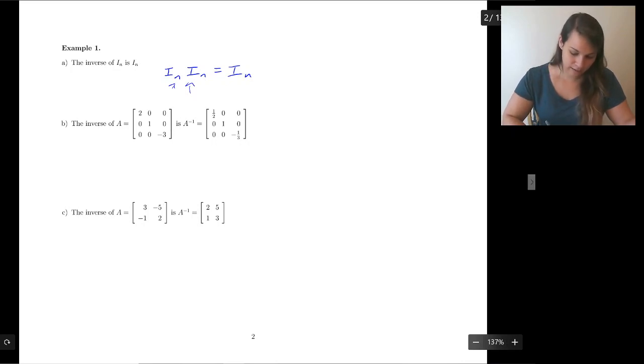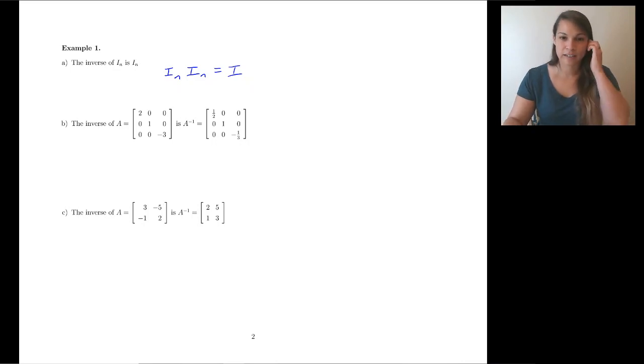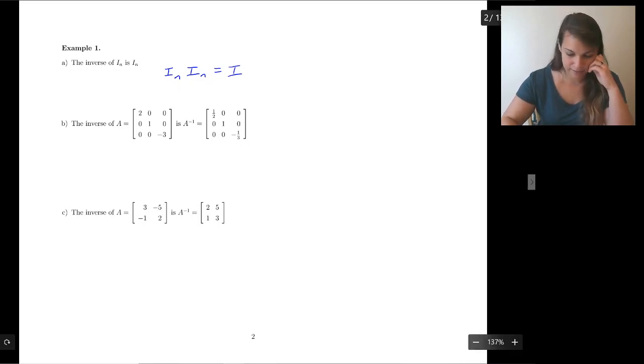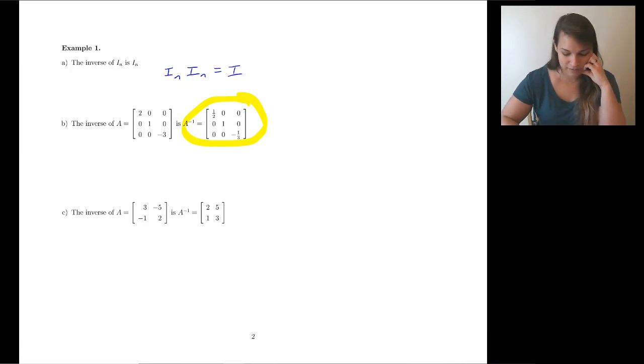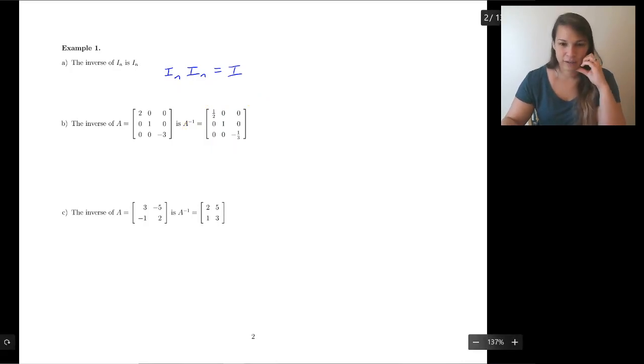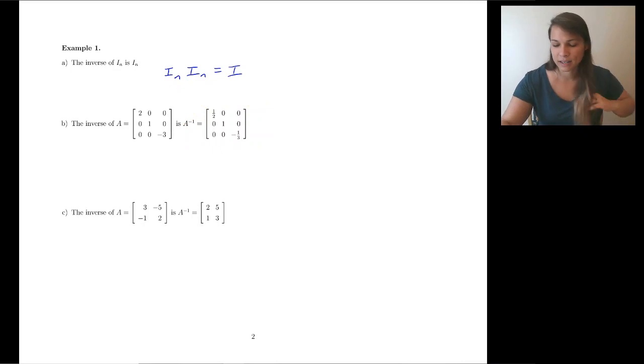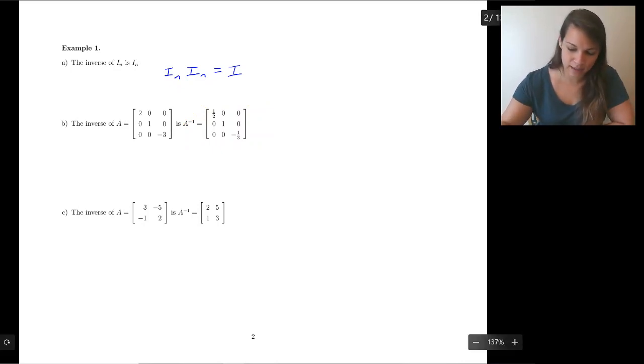Sometimes matrix inverses look very intuitive. So for instance, in number B, the inverse of A is this guy right here. We have a half, we have 1, we have -1/3. And we're like, yeah, that kind of makes sense. Let's multiply them together and make sure that it actually works.